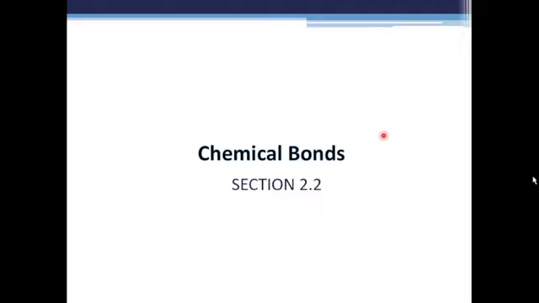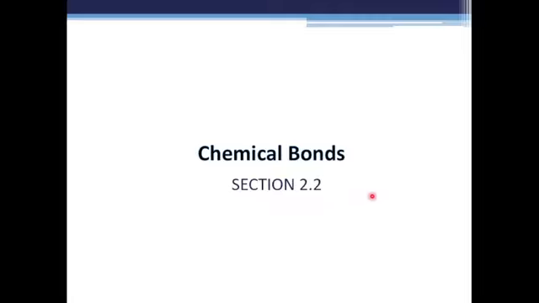Take note that atoms do not usually exist alone, but instead they interact with one another to form what we call chemical bonds. These chemical bonds allow atoms to combine into molecules and different compounds. Without chemical bonds, life would not exist.